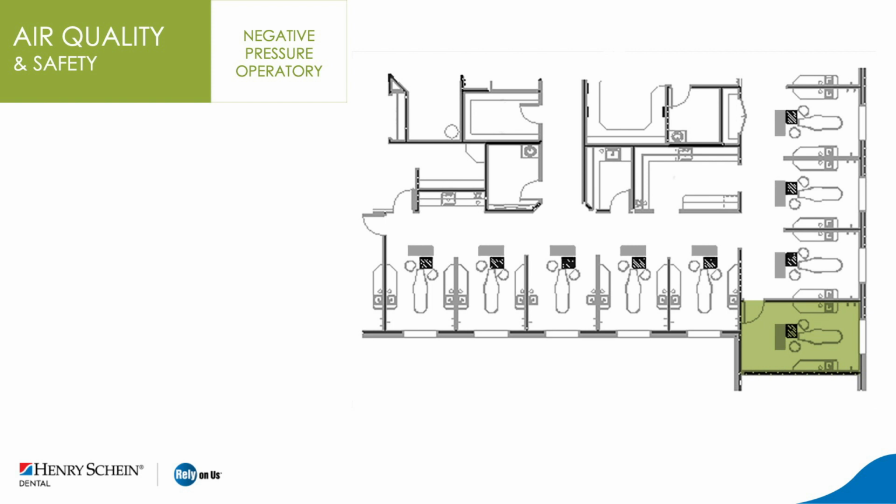This configuration vis-a-vis the floor plan, I would consider to be ideal. And this is what we've worked out with the architects, being able to create a highly efficient environment. Also, this particular space can serve as a surgical op as well as a quiet op. So it has many different purposes.